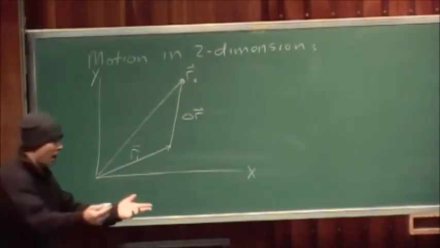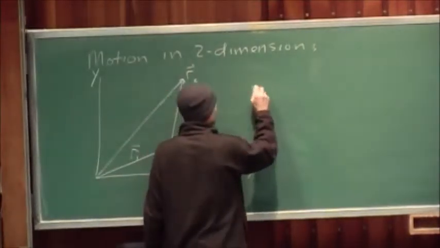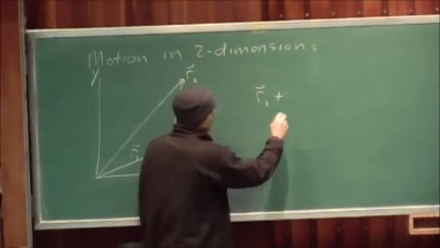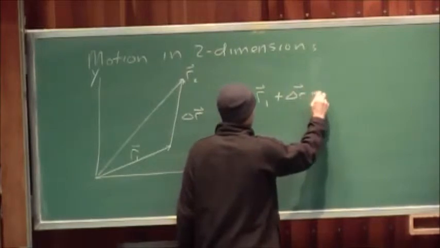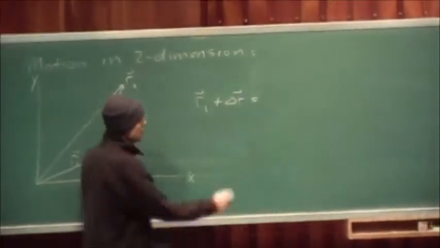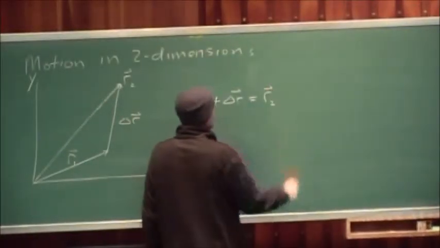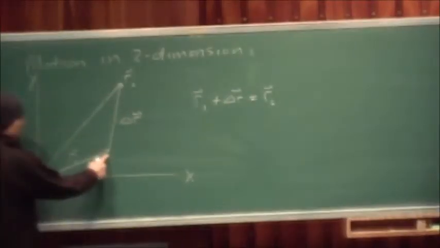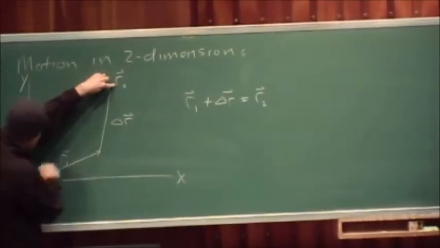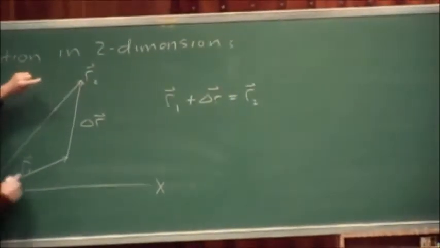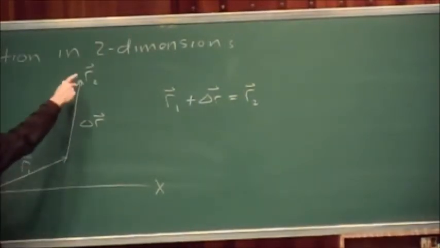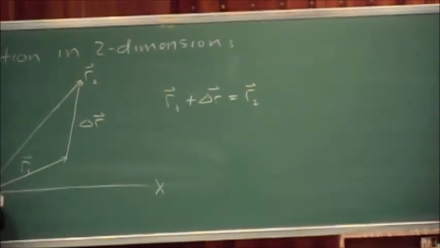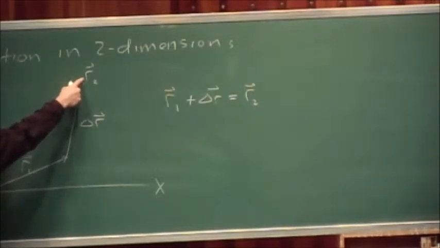I need to say R1 plus delta R is equal to R2, right? Because if I have this vector and this vector, then I get this vector. I've added these tip to tail, and the resultant vector is R2.